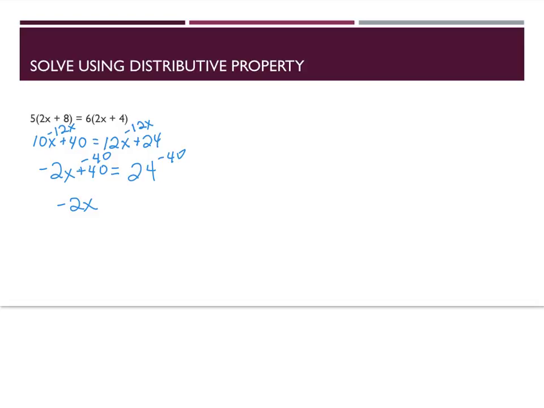Plus 40 minus 40 makes nothing. On the right hand side, 24 minus 40 is negative 16. To get x by itself, I need to divide by negative 2 and follow my sign rules. X would be positive 8.